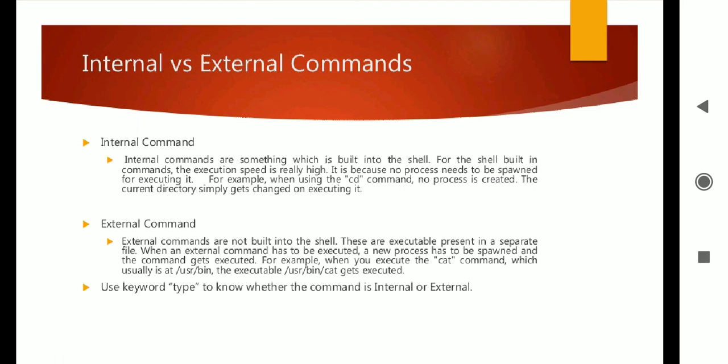The cat command is used to create or update a file. So if you want to use these types of external commands, a separate file is there. If that separate file is not in place properly, then automatically you can find some errors. Even in MS-DOS, some of the external commands may not be installed properly. Then if you want to execute that command, you will find the error.